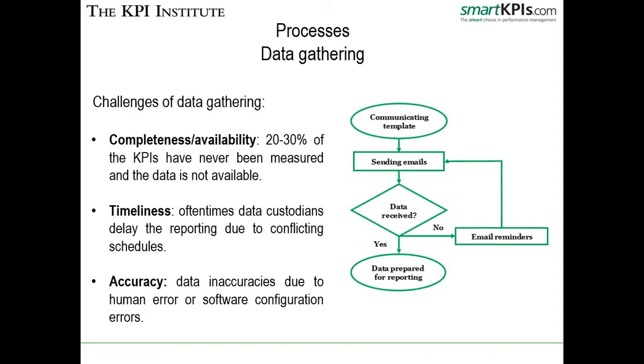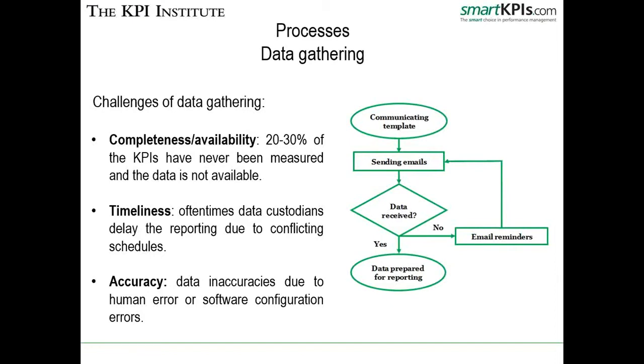I already expressed that for some KPIs, especially for those organizations who are at the beginning with such a KPI project, usually 20 to 30% of the KPIs are inactive. You don't have data. So one of the challenges is to collect data for those KPIs.